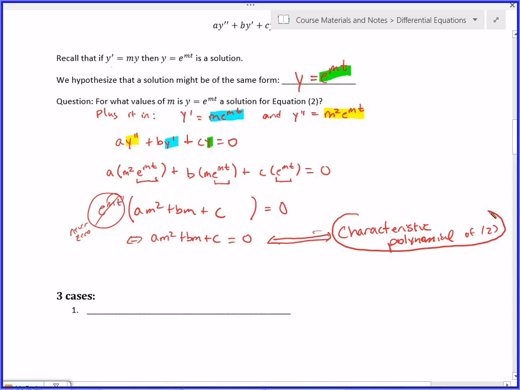We'll talk about the characteristic polynomial frequently. But you know how to solve that, right? How do you solve that equation? In general, what's your strategy for solving an equation that looks like that?